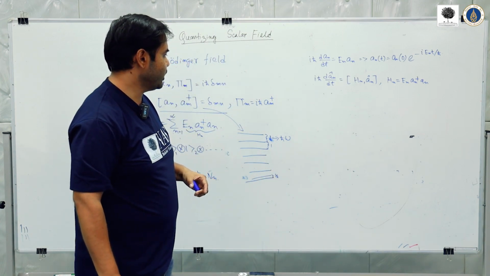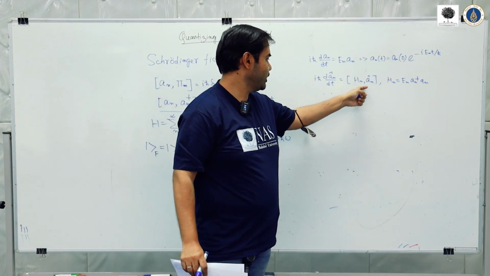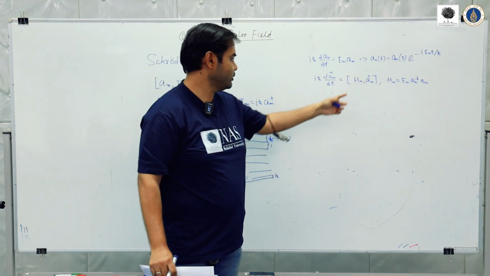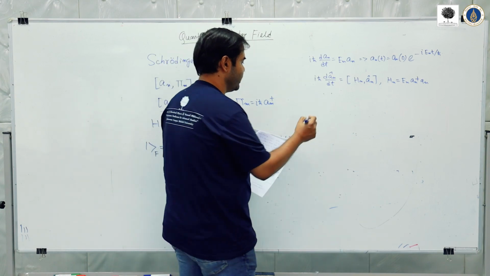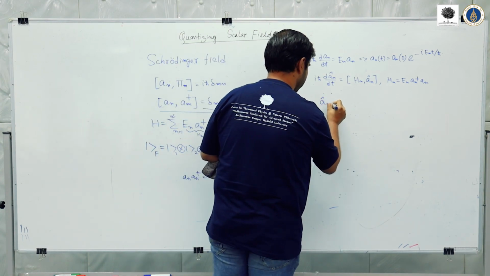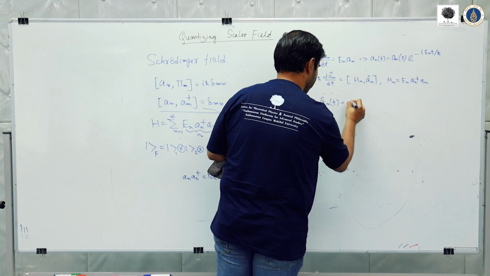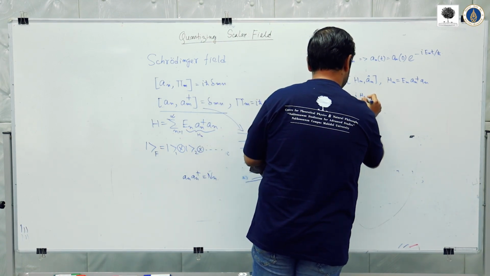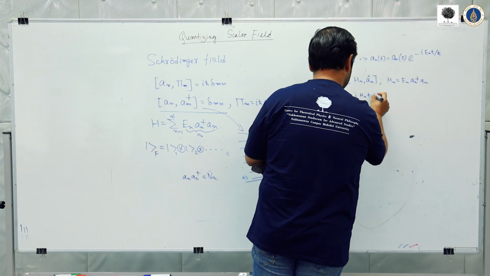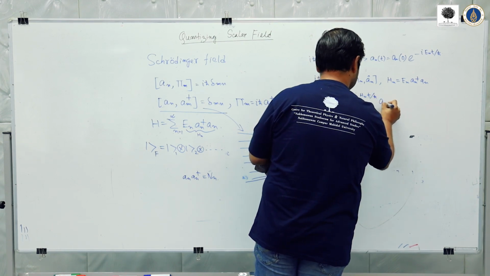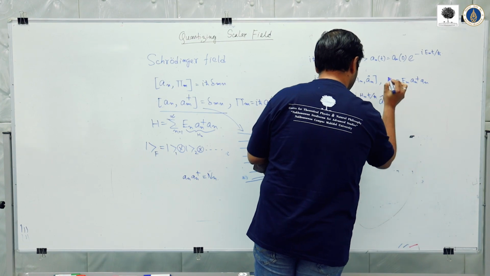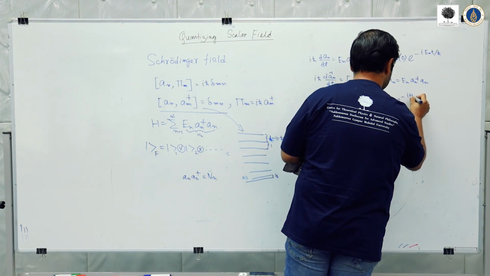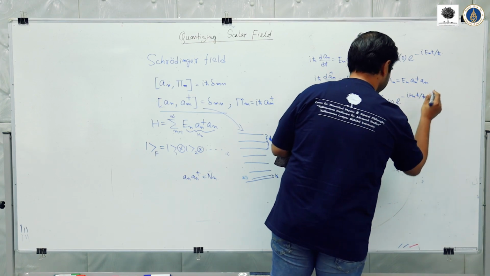This quantity I do not need to state specifically for the solution, but the solution will now look like that a_n(t) is equal to e to the power i H_n t by h bar, the operator at time t equal to 0, times e to the power minus i H_n t by h bar. Okay.